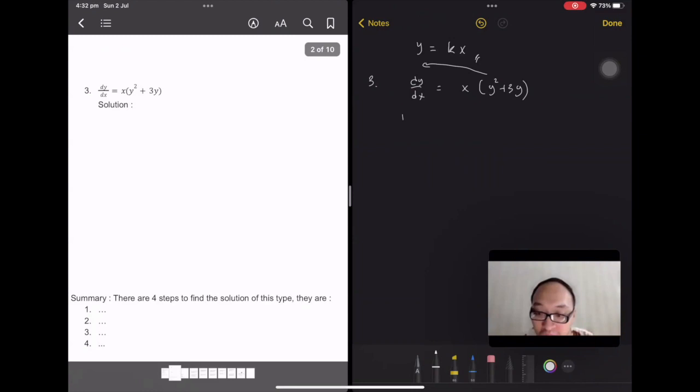It becomes 1 over y squared plus 3y dy/dx equals x. That's the first step. Second step, we integrate both sides with respect to x. It simplifies into the integral of 1 over y squared plus 3y dy equals the integral of x dx.